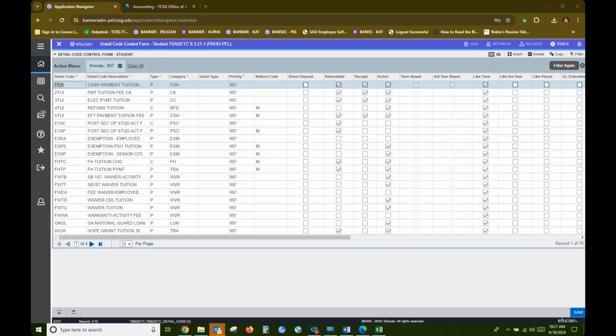I have heard rumblings of maybe getting rid of the one-to-one detail code in favor of the other, but it would significantly impact the back-end accounting office, and they may not be as gung-ho for changing that at the moment.